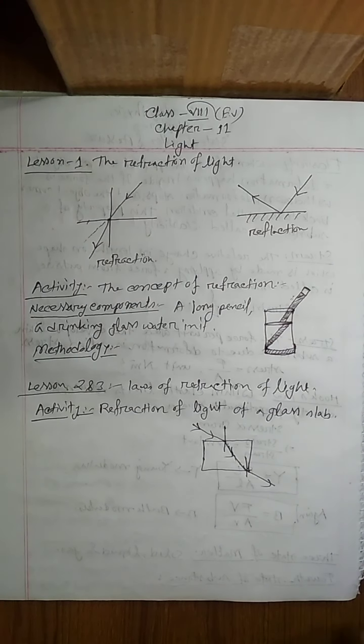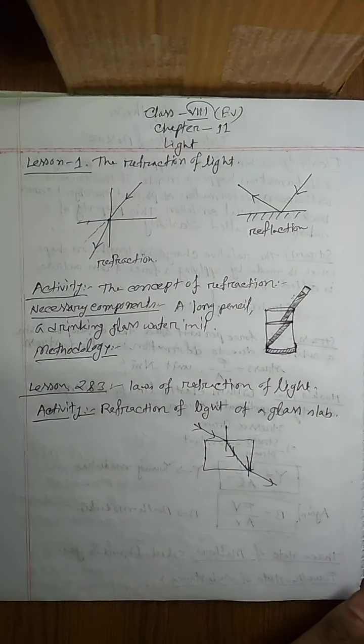From the above experiment, we clearly see that when light passes from rarer to denser medium, it bends towards the normal. But when it goes from denser to rarer medium, it bends away.